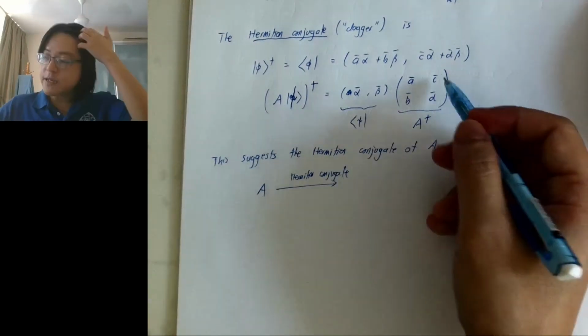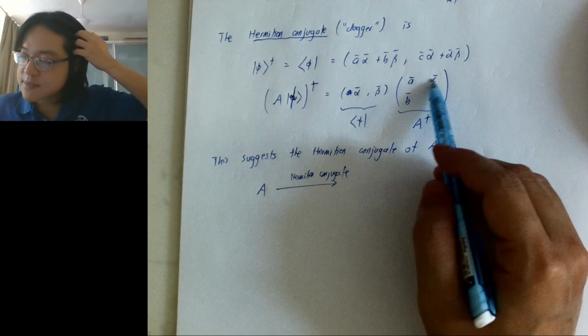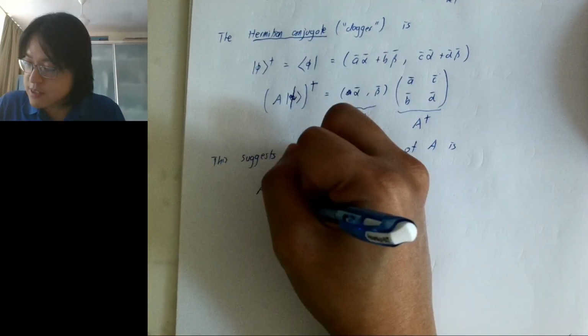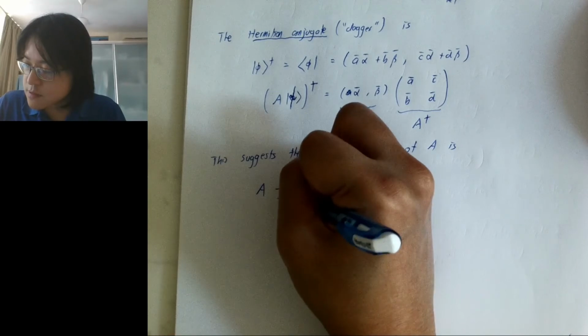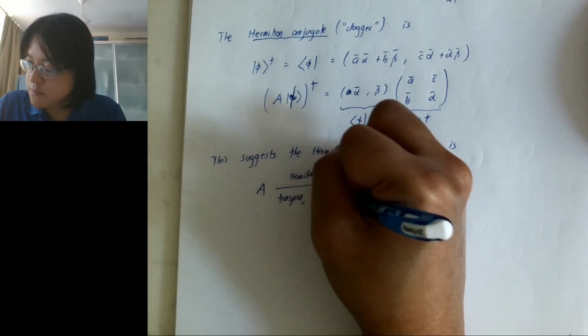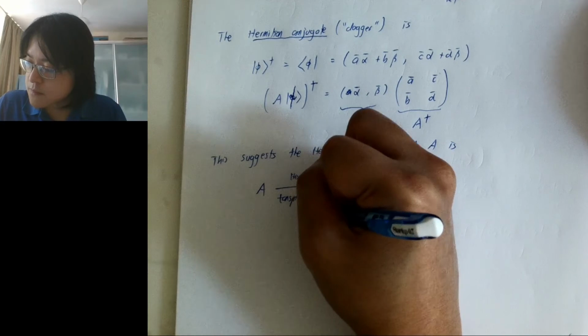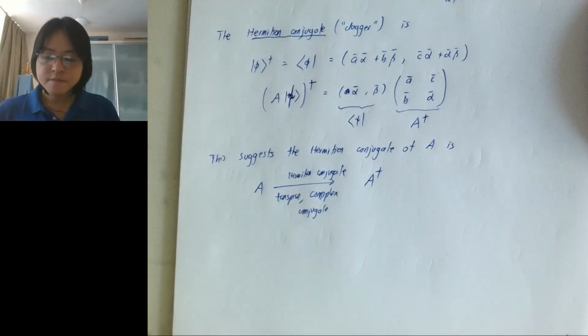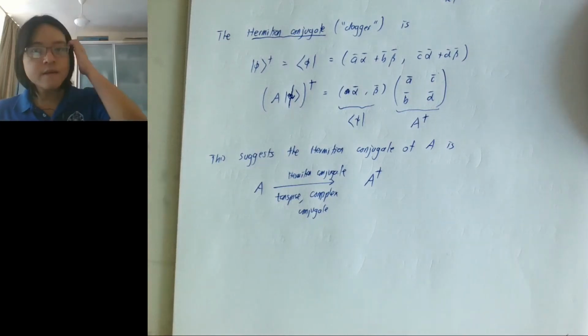Look at this, right? It's the transpose, and then you bar everybody. So it's transpose, complex conjugate. So we call this A dagger. Okay? Make sense?